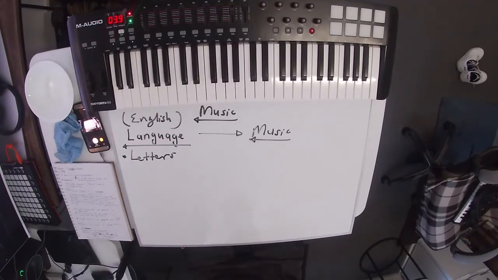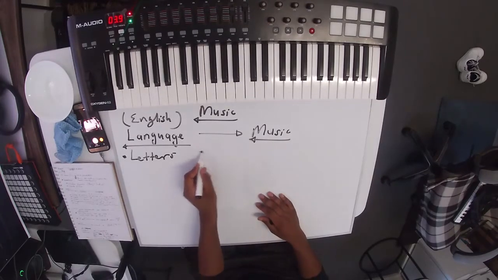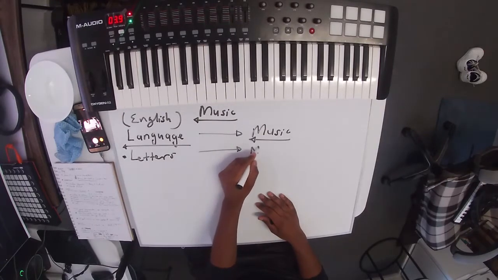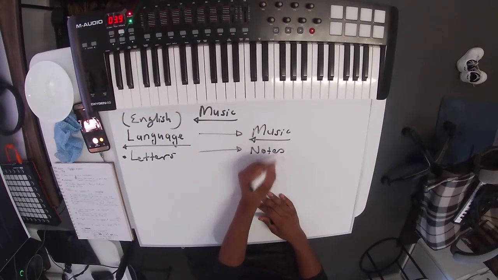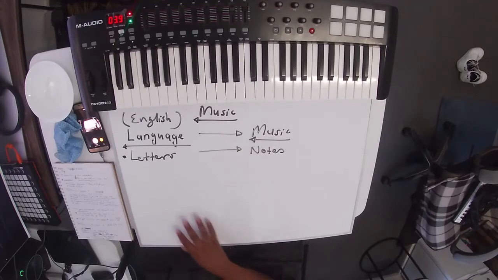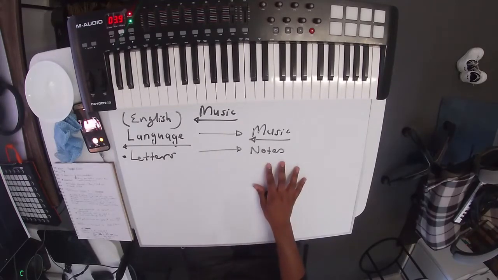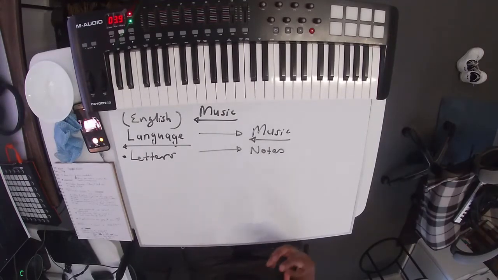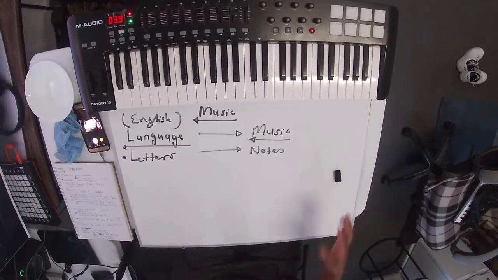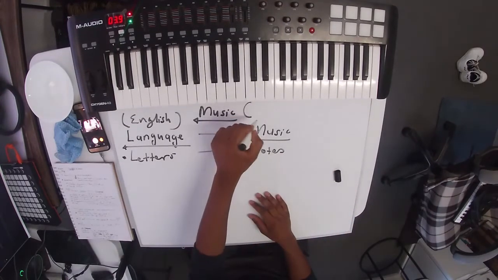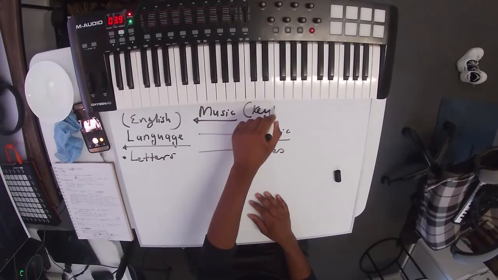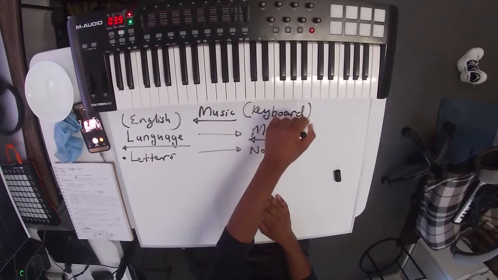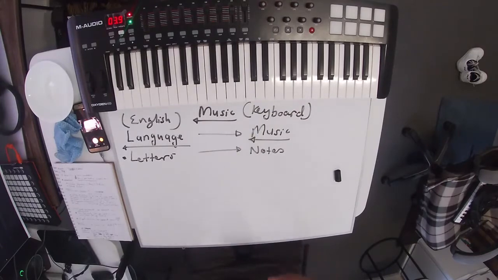So you need to know your A, B, C, D, all the way up. These correspond in music to notes. Notes are the building block of music in this context of playing the keyboard, or any melodic instrument. I'm not talking about percussive instruments here.